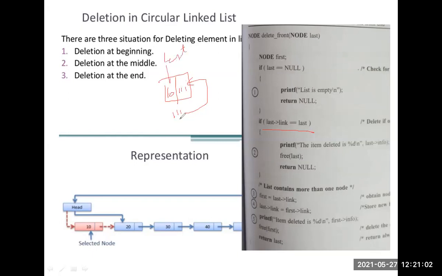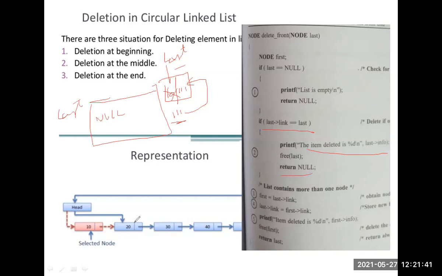So last of link contains the last. What is the last address? 111. So last of link contains the last, then there exists only one node. So you directly remove that node: delete last of info, free last. So delete the node, then return null. Why null? If last contains null, the list is empty. So that's why I return null here, if there exists only one node.